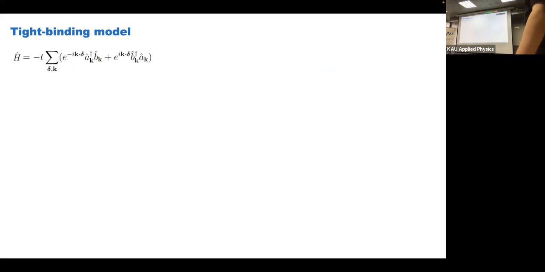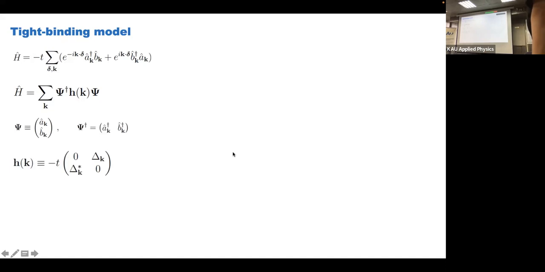We have this Hamiltonian. Then I take a very general form of Hamiltonian. It's like psi complex conjugated, some small Hamiltonian, and psi. I say that I can show this multiplication as a multiplication of some matrix with psi and psi complex conjugated.